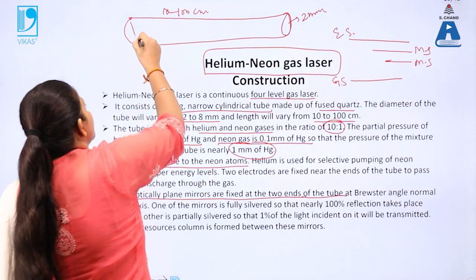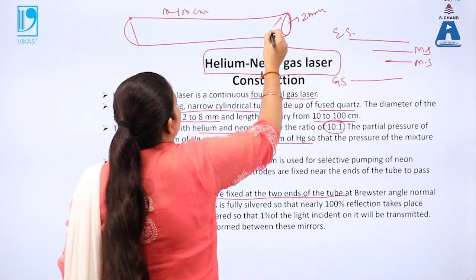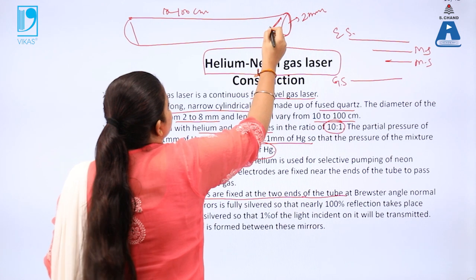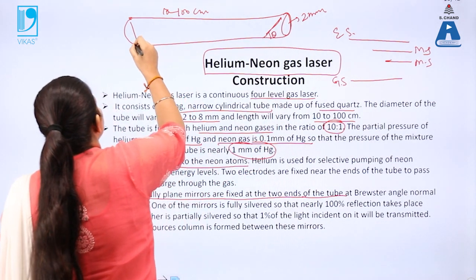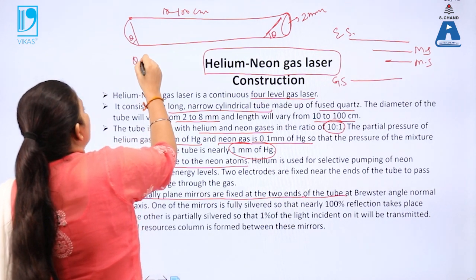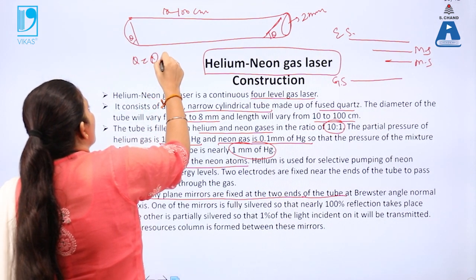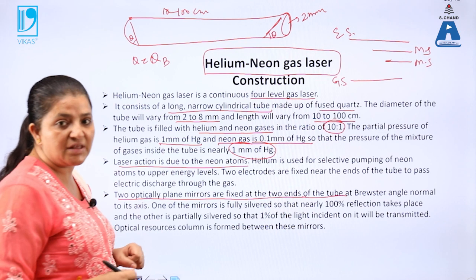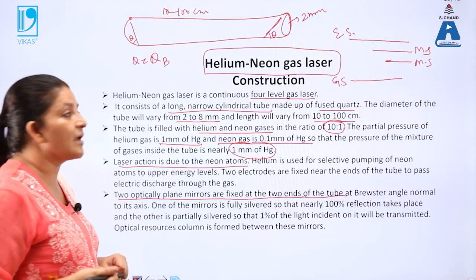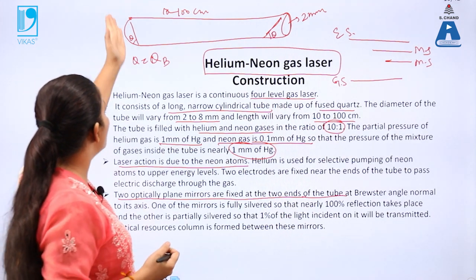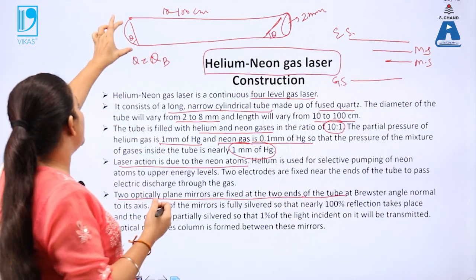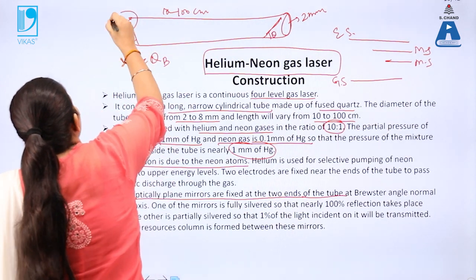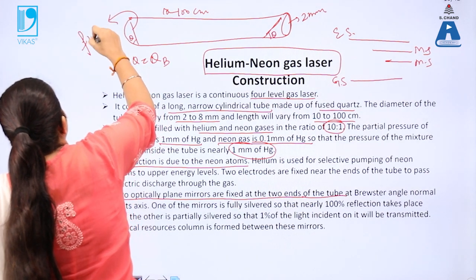At the ends of the tube there are two mirrors fixed at some angle theta, known as theta b, the Brewster angle. That means these two mirrors are fixed at the Brewster angle. One mirror here is fully polished.